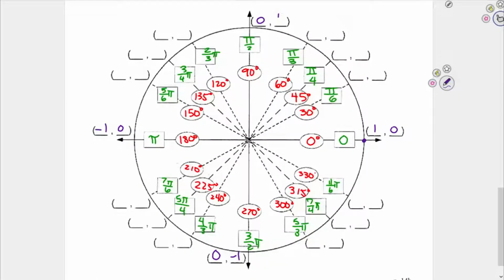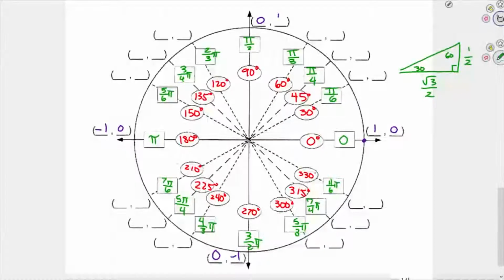Now I bring in those 30, 60, 90 triangles that we talked about earlier. The only options I have are 1/2 and root 3 over 2. For this one, let me change colors and make it blue. For this one right here, the x-coordinate is root 3 over 2, and the y-coordinate is 1/2.